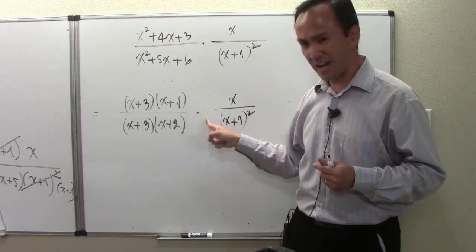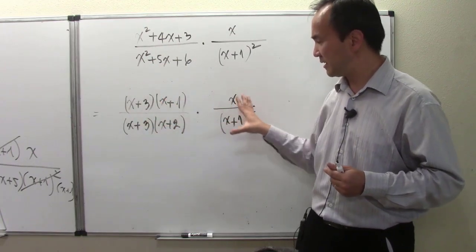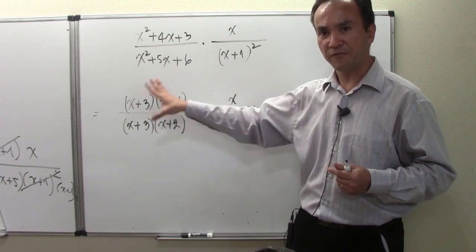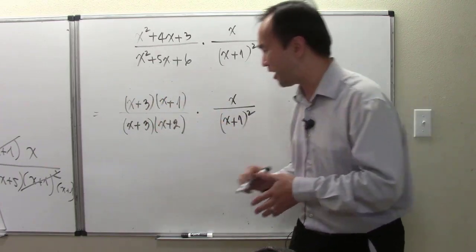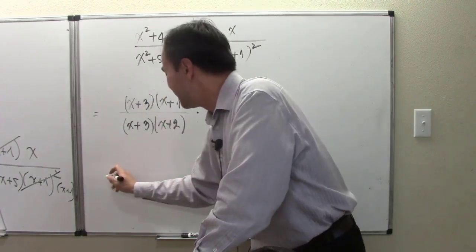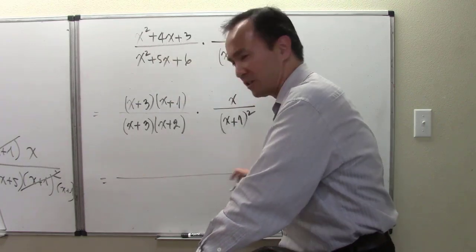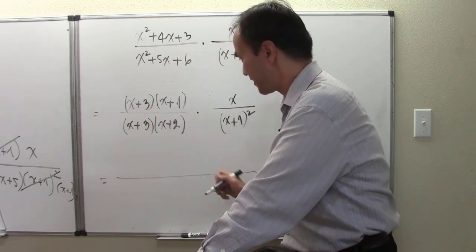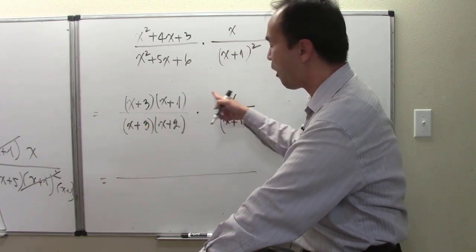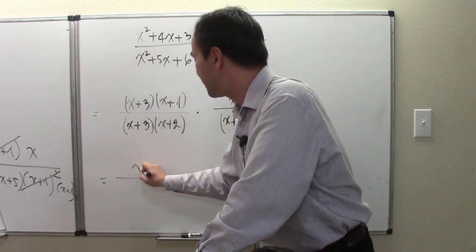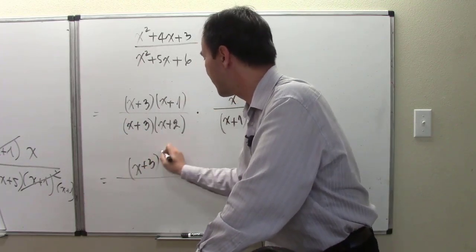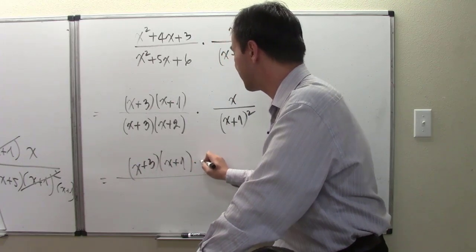And then after you have put all of your rational expressions in complete factor form, now we're going to start multiplying. That same fundamental of multiplication comes in. All we do is simply bring all of the factors together: x plus 3, x plus 1, and then there's x.